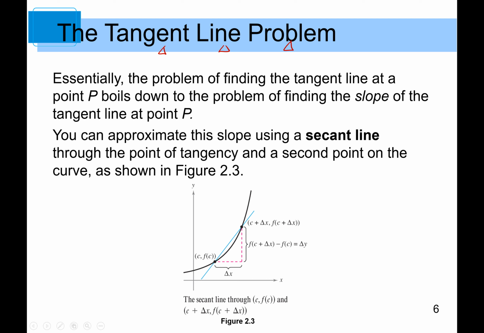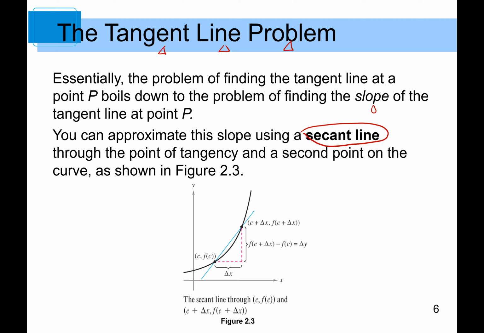Essentially, the problem of finding the tangent line at a point P comes down to finding the slope of the tangent line at point P. Anytime we try to find a line, slope is a very important notion. Basically, we approximate the slope using the secant line.